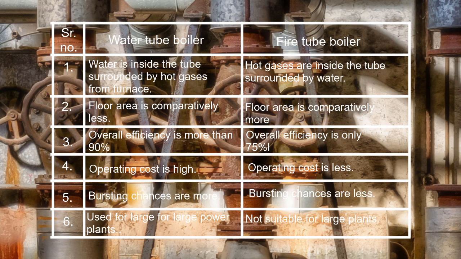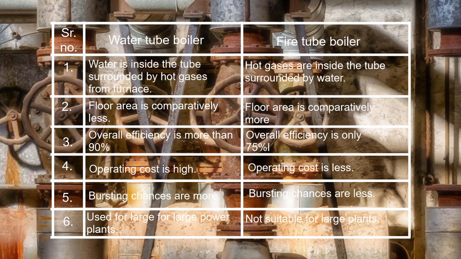In fire tube boilers, the hot gases from the furnace pass through the tubes, which are surrounded by water. In water tube boilers, for a given power, the floor area required for the generation of steam is less, about 5 square meters per ton per hour. In fire tube boilers, more floor area is required, about 8 square meters per ton per hour of steam generation.